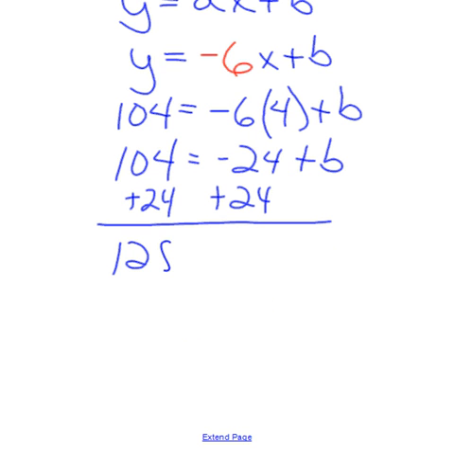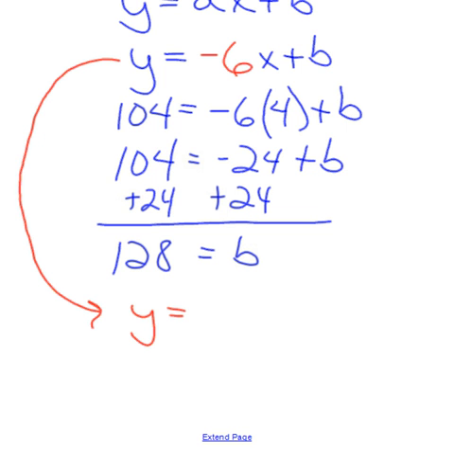That means 128 is equal to b. So I go back up to my equation up here, bring this down here, and put in the b that I just found. And my equation of my trend line is y equals negative 6x plus 128.